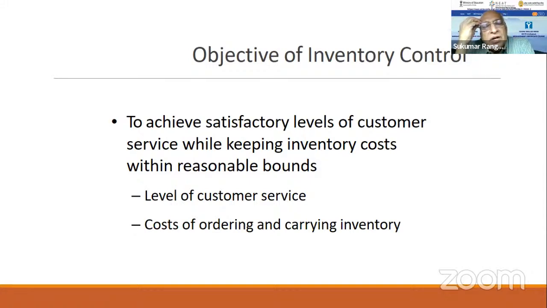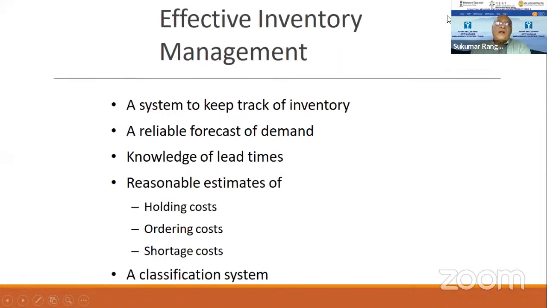If it is too large a quantity, then your inventory increases and your cost increases. If it is too small a quantity, the cost of ordering and getting it inside increases. So there is a concept called economic order quantity, or what we call EOQ. So the moment you talk about inventory and ordering, there is a concept called economic order quantity.